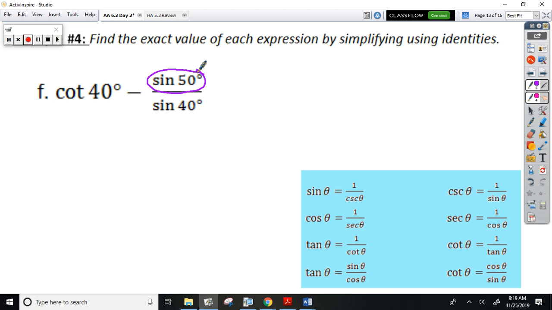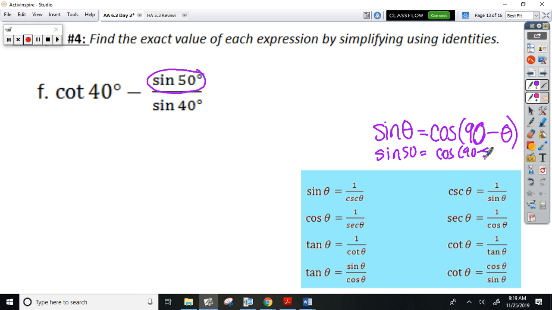So sine 50 is equal to cosine of 90 minus theta. You guys have them all on your sheet. So sine 50 will be equal to cosine of 90 minus 50, which magically is cosine of 40.